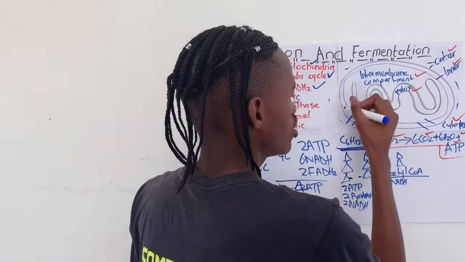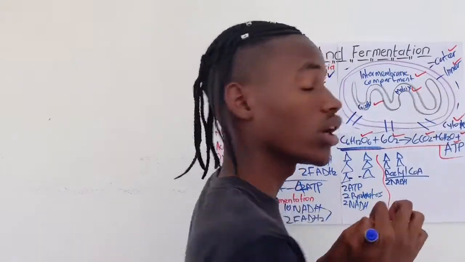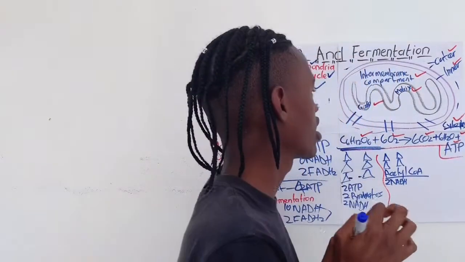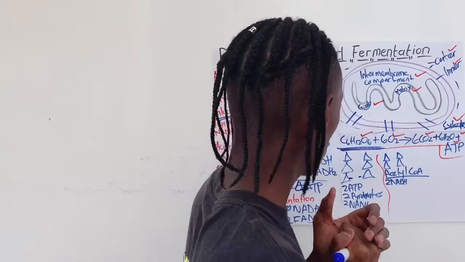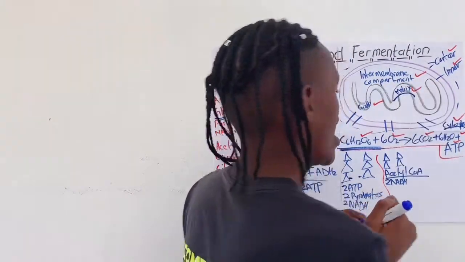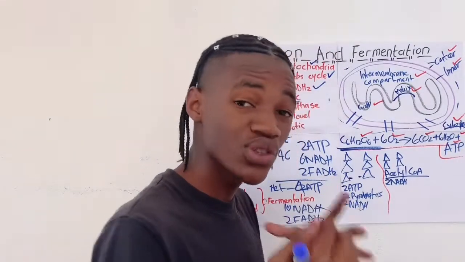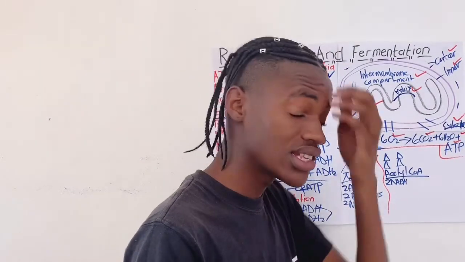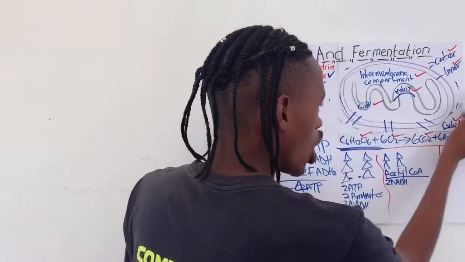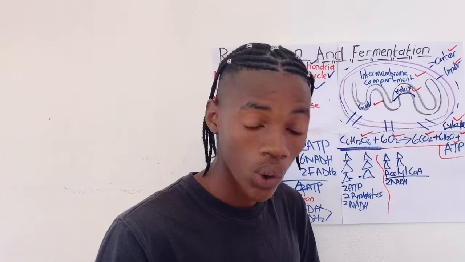And then as you can see, the glycolysis stage occurred in the cytoplasm, and then our next step, which is called the Krebs cycle, occurred in our matrix. And then now the last step, which produces most of the ATP that is made in the cell, occurs in the membrane of the mitochondria.